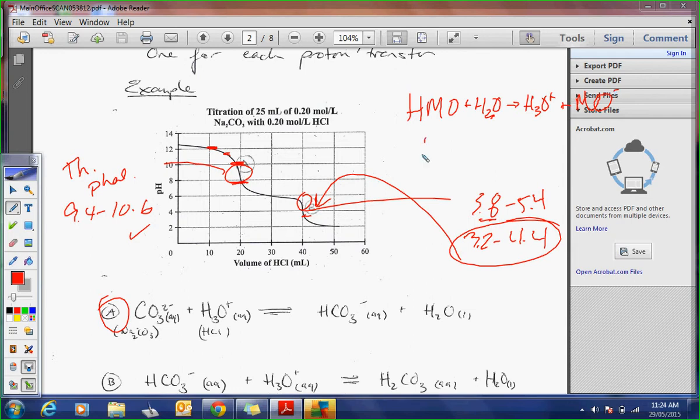Then the Ka for that would be x squared over HMO. And the Ka value is in your data book. So you could find the pH at which this changes color. Does that make sense? The pH at which it changes color had better fall in that range for your calculations here. See how they're related, and see how they could ask you a variety of questions.